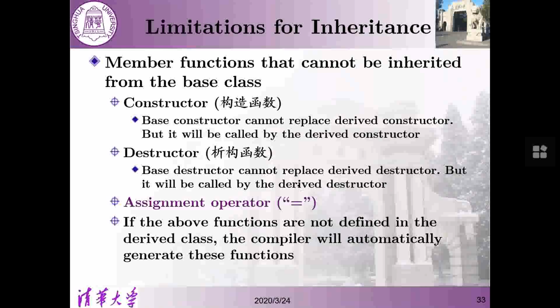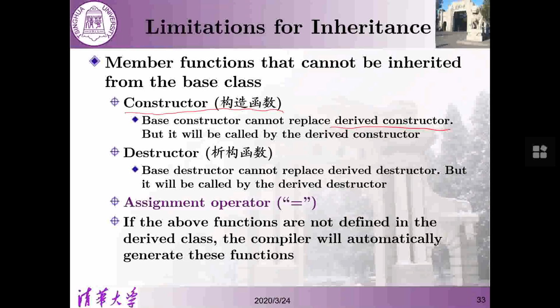And here are some limitations of inheritance. The first one is that the constructor will not be inherited. This means that the base constructor cannot replace the derived constructor. So if you do not define a derived constructor, the compiler will help us generate one, but the compiler will not directly inherit the base constructor and use it as our derived constructor.